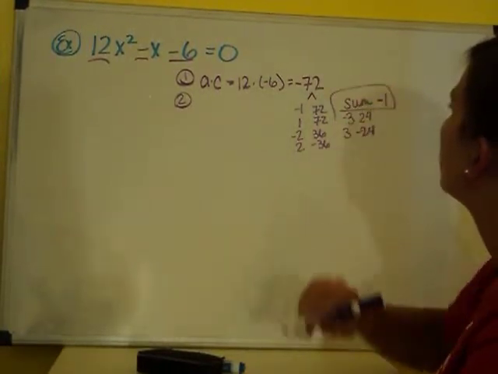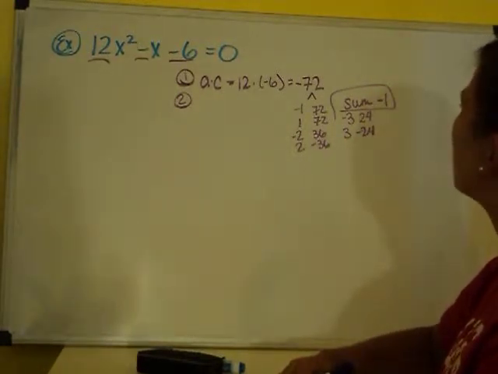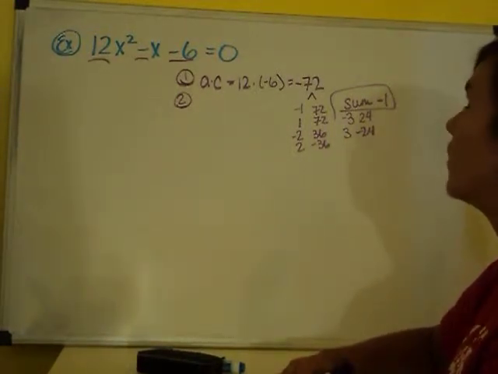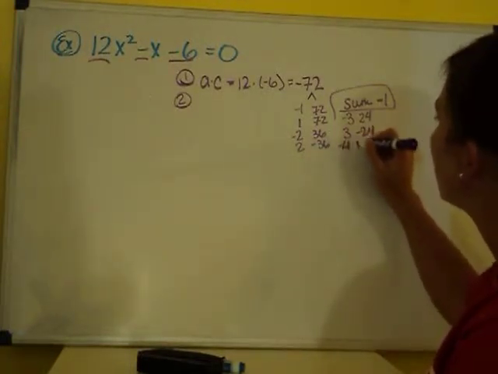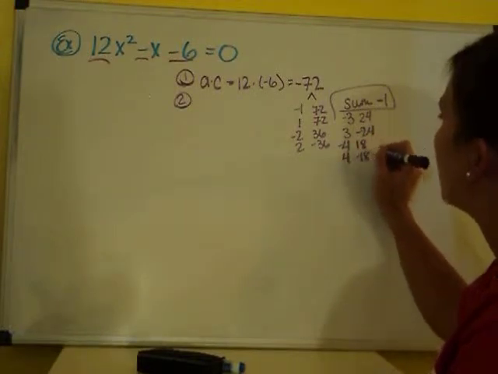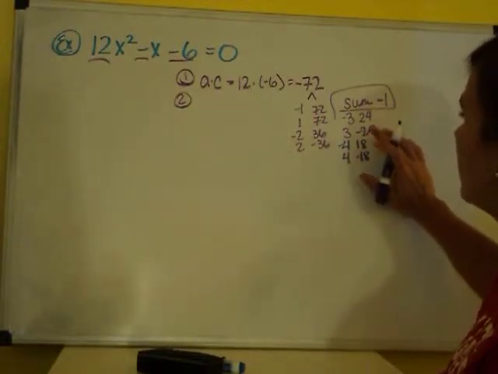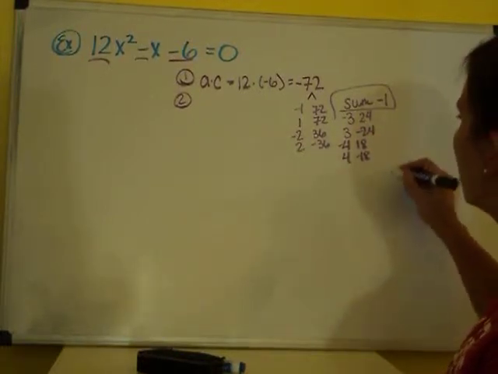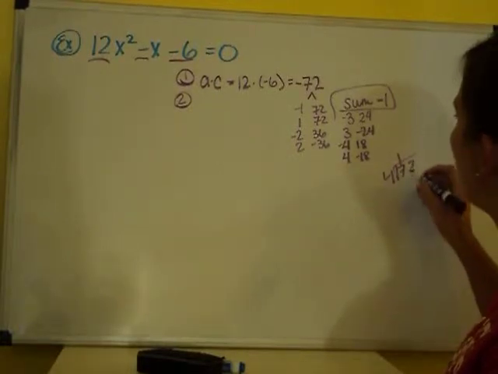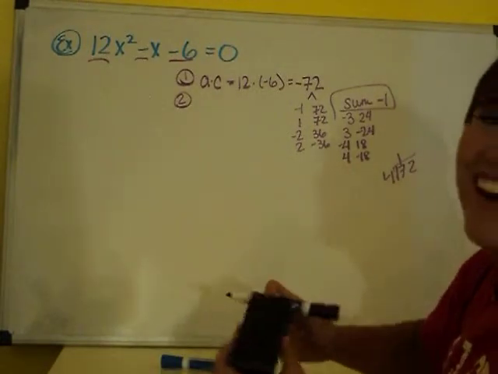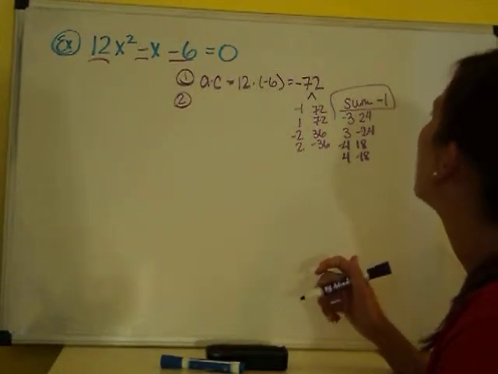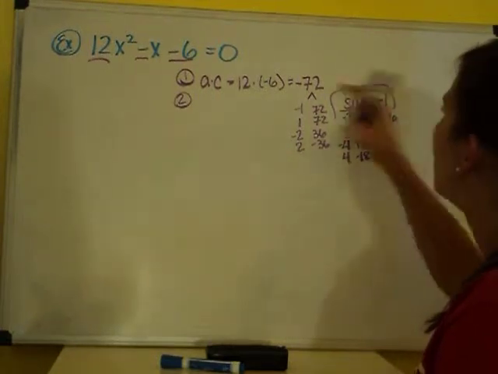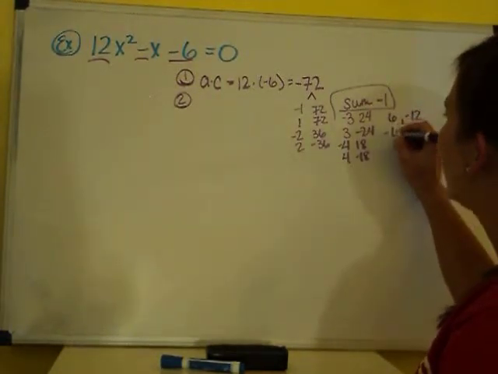I have 4 and 18, negative 4, 18, 4 and negative 18. 5 does not work. 6 and 12, 6, negative 12, negative 6, 12.